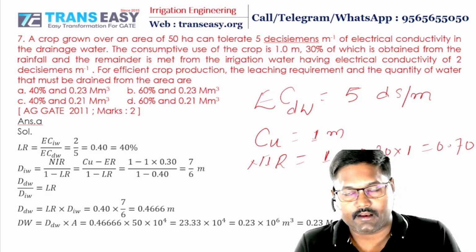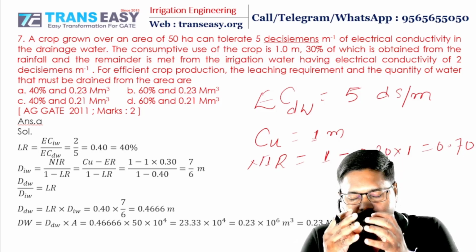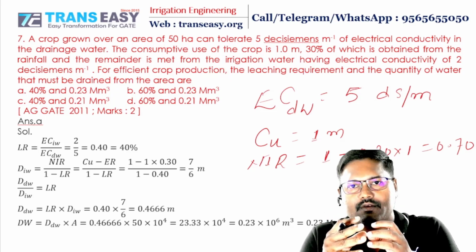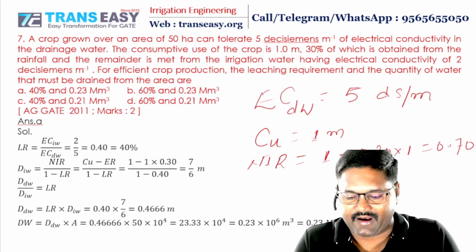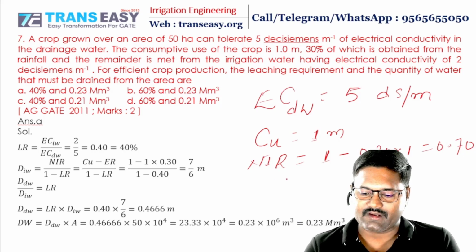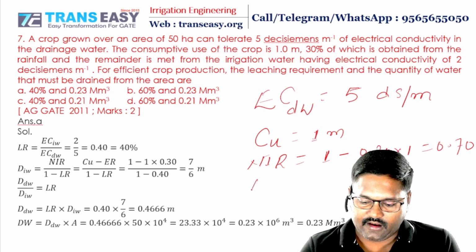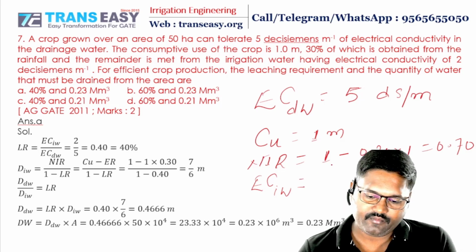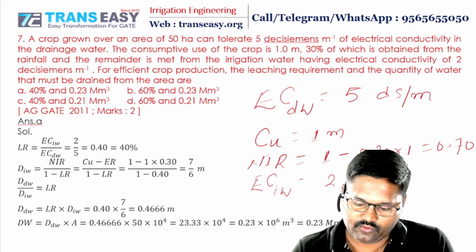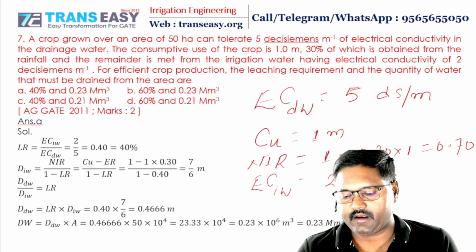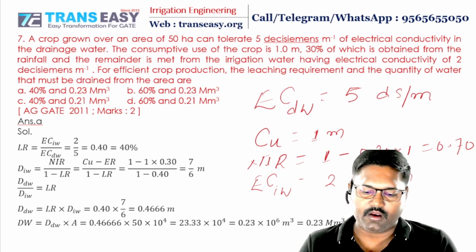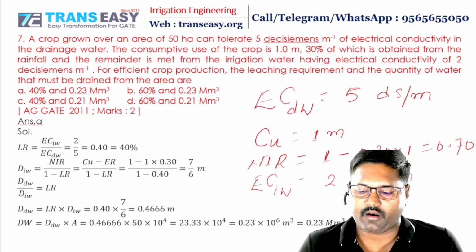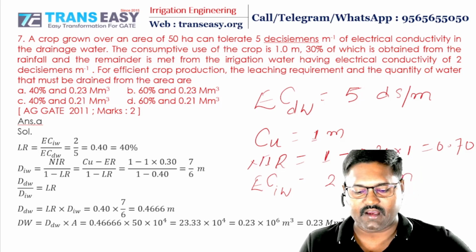So this is the net irrigation requirement, the amount of water stored in the pores for crop utilization. And the electrical conductivity of irrigation water is 2 decisiemens per meter.